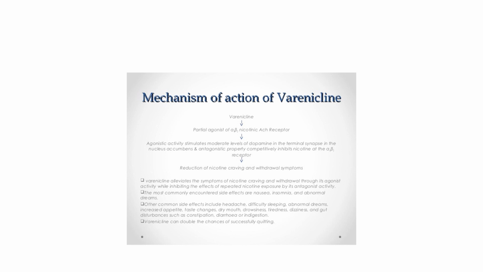Even though it is a partial agonist, it has antagonistic activity over the receptors, and no pleasurable effects of nicotine are present. Now, this will also help to alleviate the symptoms of nicotine craving and withdrawal through its agonistic activity, while inhibiting the effects of repeated nicotine exposure by its antagonistic activity.